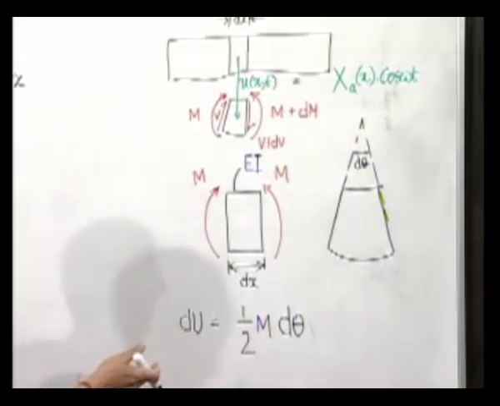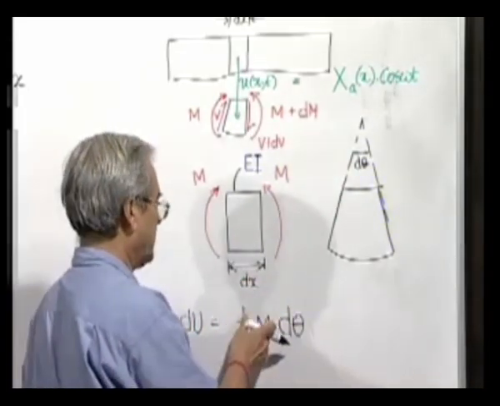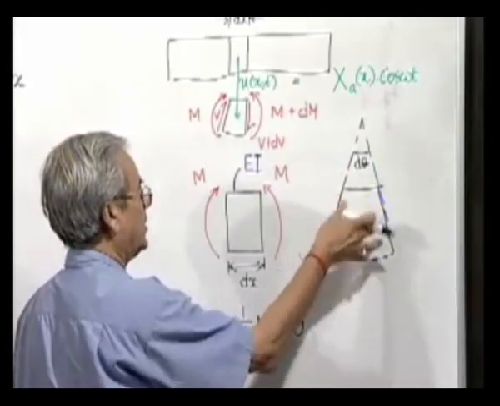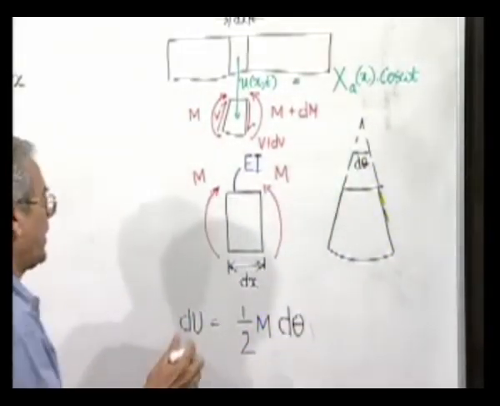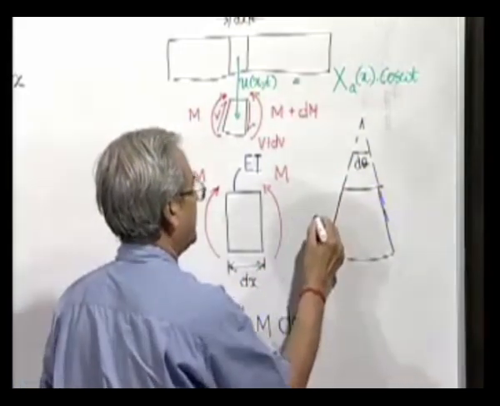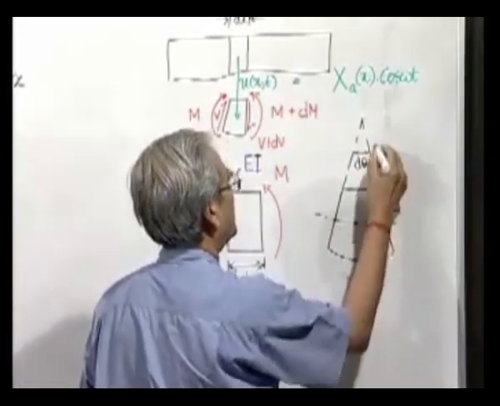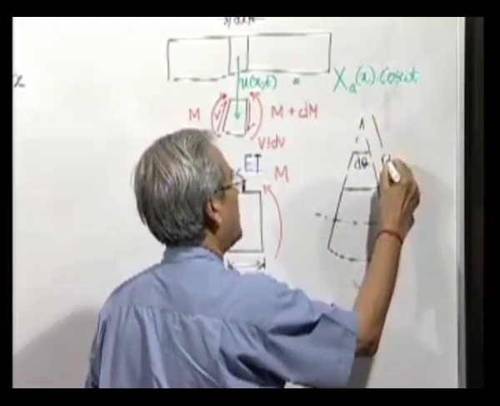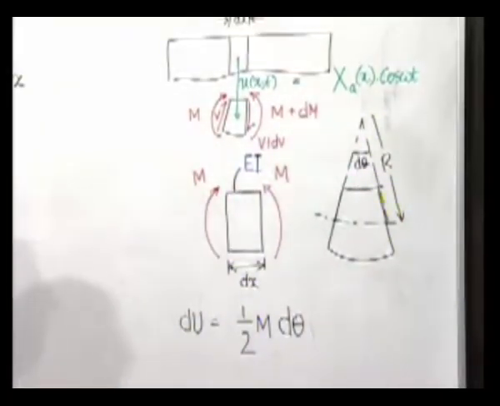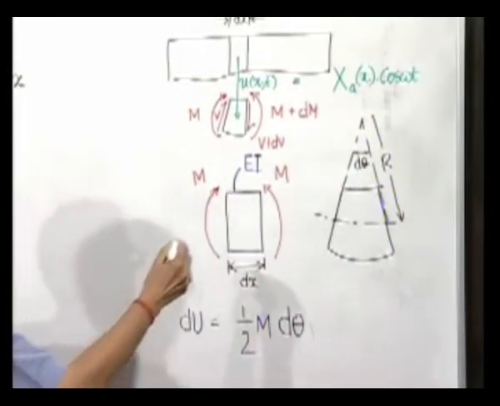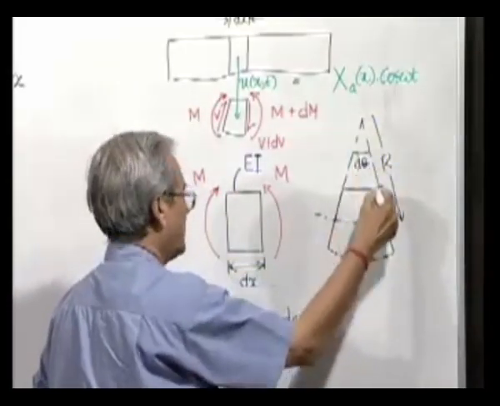Because the moment also slowly increases from 0 to its maximum value when the rotation of the end is already d theta. Now, if this is dx and the distance of the neutral axis is r, that is, r is nothing but the radius of curvature.